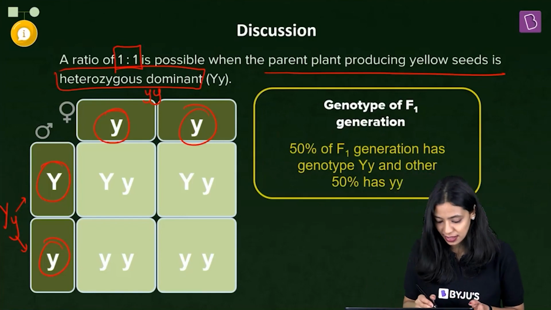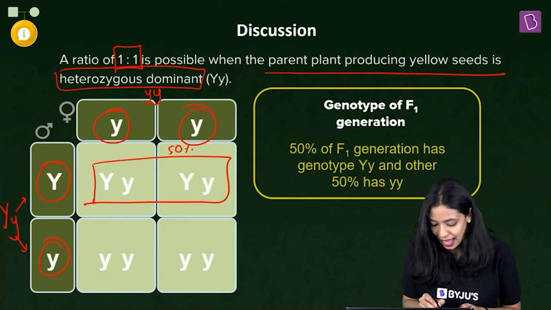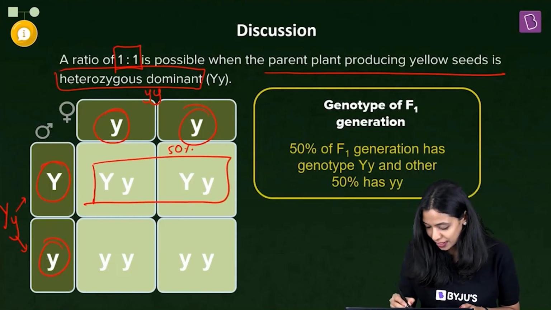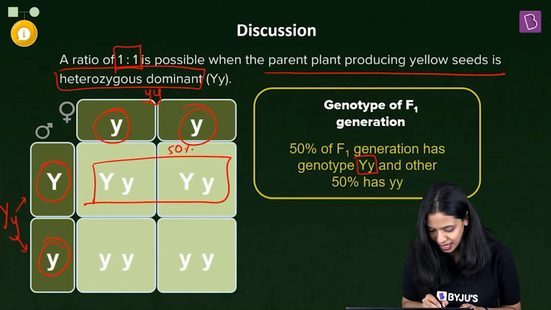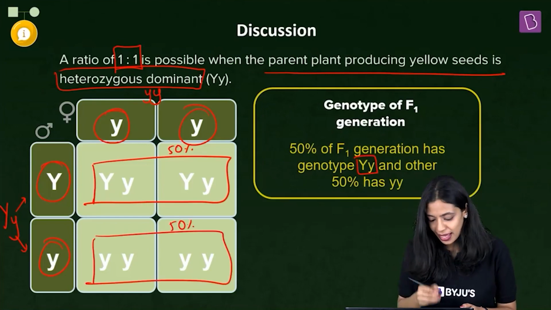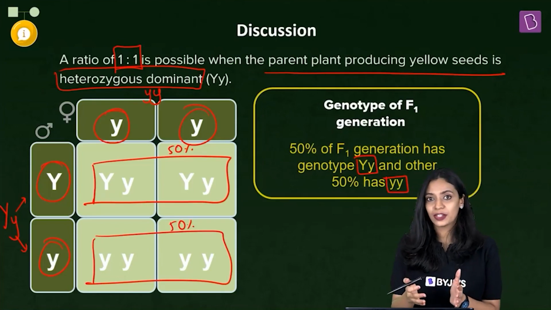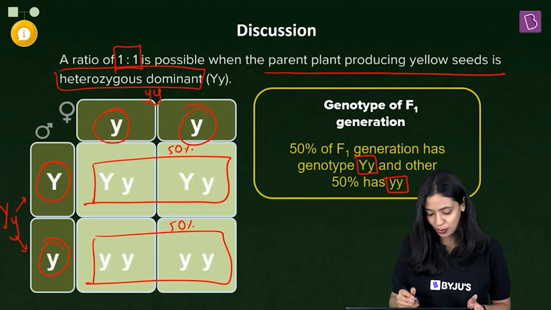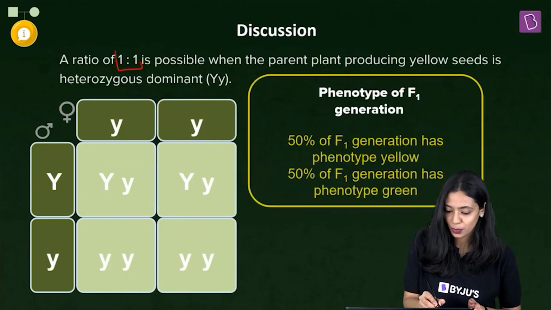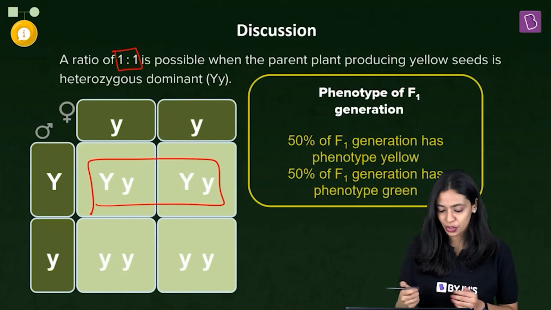As you can see in this resulting cross in the offspring, 50% of the plants, these two among the four, have the genotype capital Y small y. Whereas the other 50%, 2 of 4, have the genotype small y small y. So the genotypic ratio in this cross is 1:1. So is the phenotypic ratio. You can see how these two plants are heterozygous dominant.